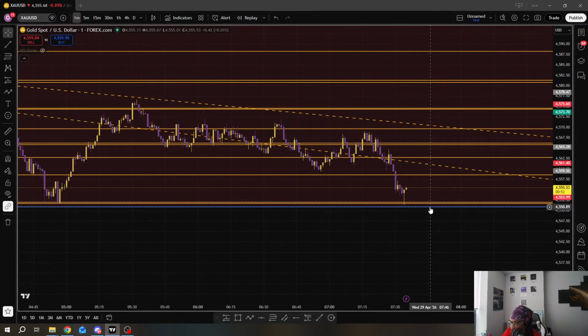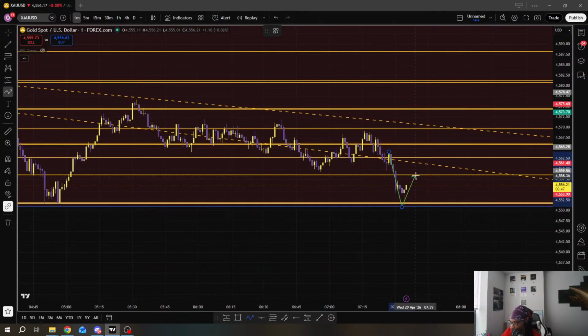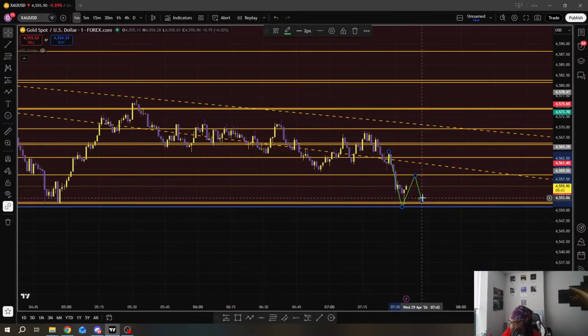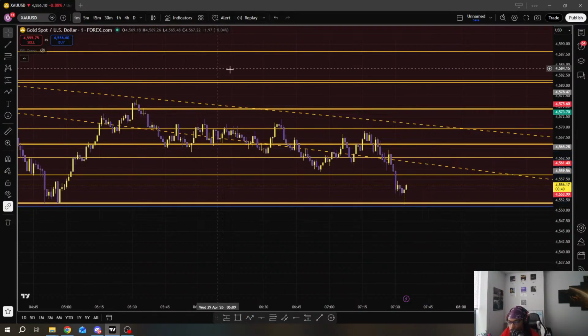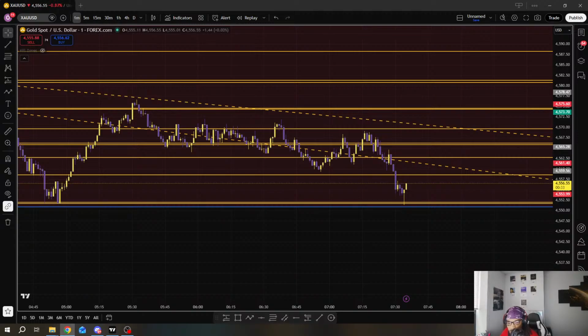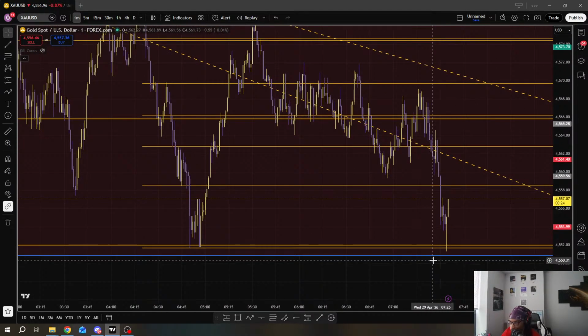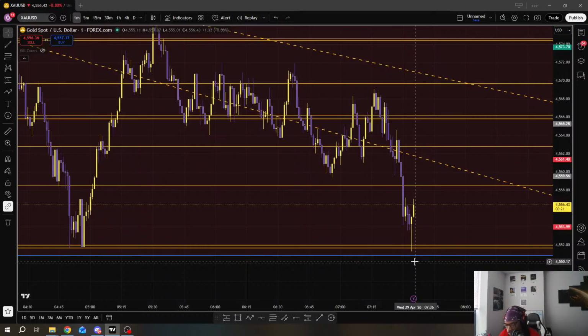This is a nice rejection wick. I love this wick. So now we're still just waiting. We're waiting on price to give us what we know it needs to give us.